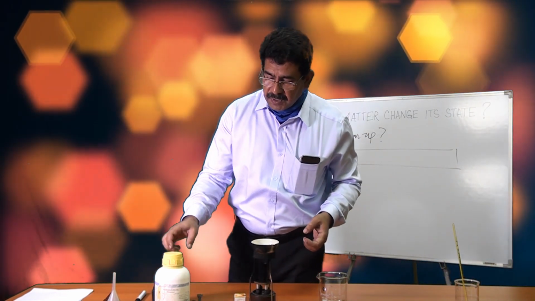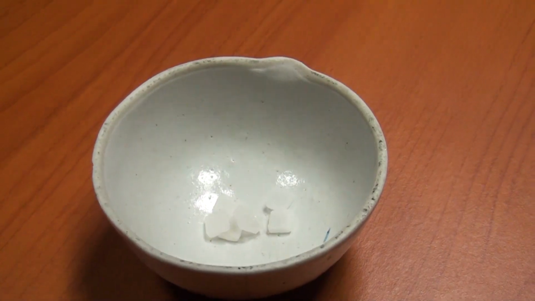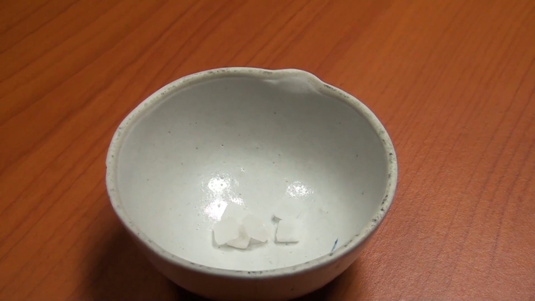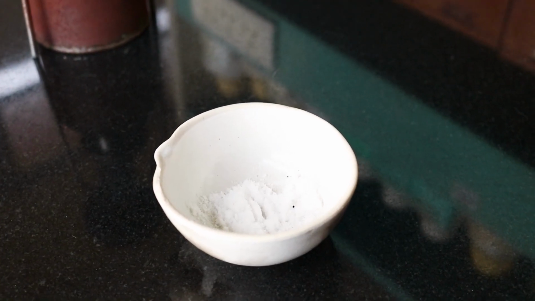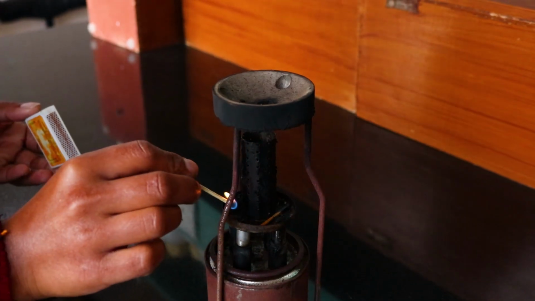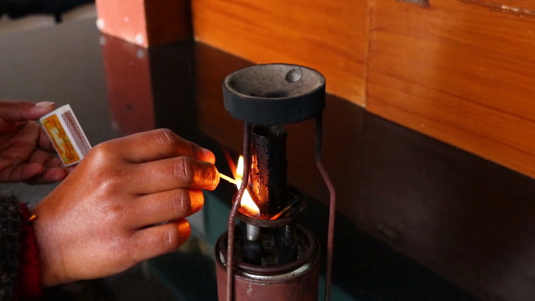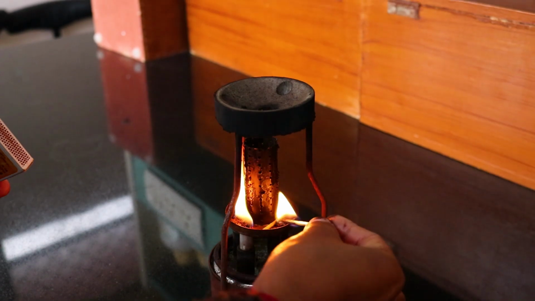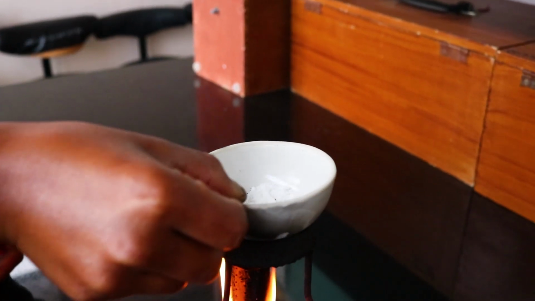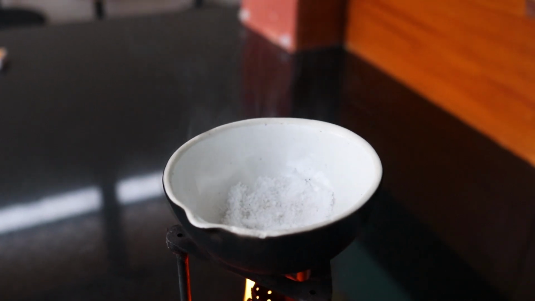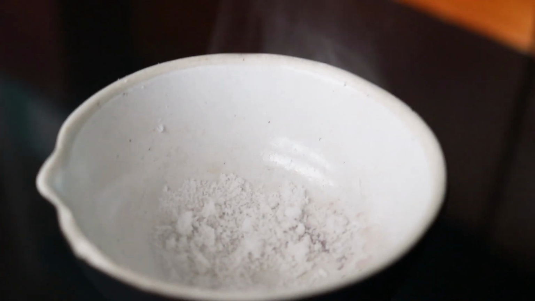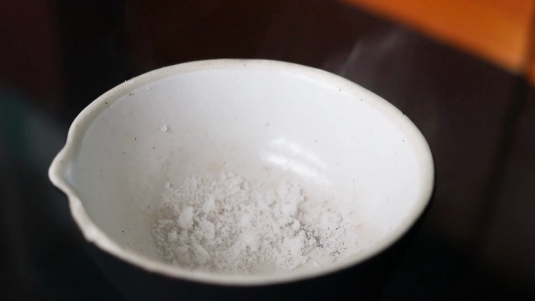As I told you, we have taken a little bit of camphor or ammonium chloride and we have put this on a china dish and then we will heat it. And what we will notice is that these solid particles of camphor have vanished, but we don't see any liquid here.